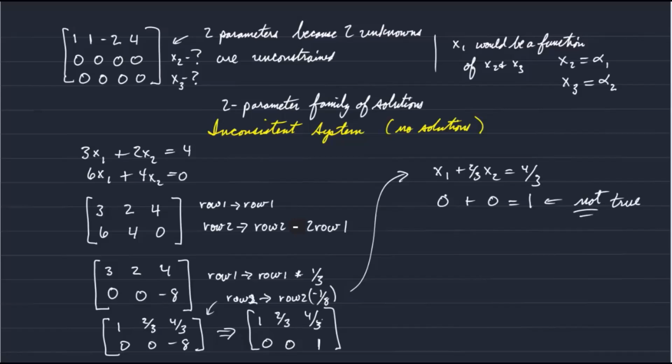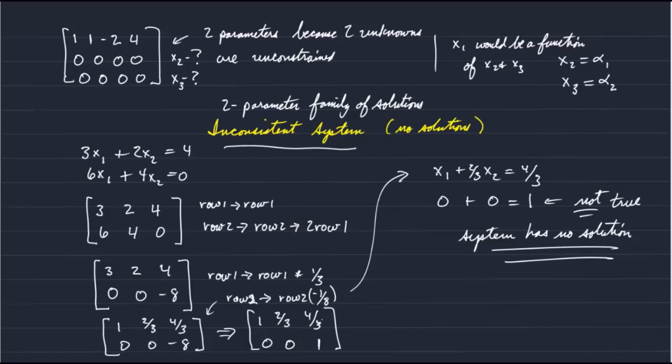Given that we end up with a false statement, this tells us that our system has no solution. Right? It was inconsistent.